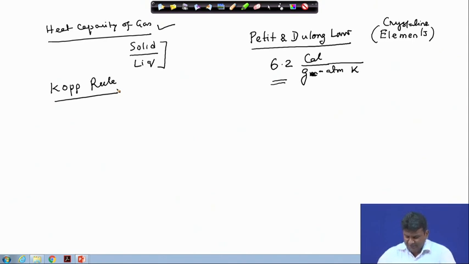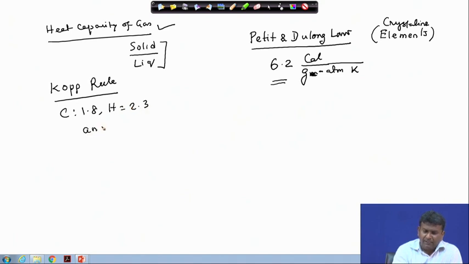There are certain numbers, like the heat capacity at 20 degrees for carbon being 1.8 and hydrogen 2.3, which are not 6.2. All these details are provided in the handout, and you can calculate the Cp of solid compounds. Similarly, the Kopp rule can also be applied for liquids, where all the values are again provided in the handout.